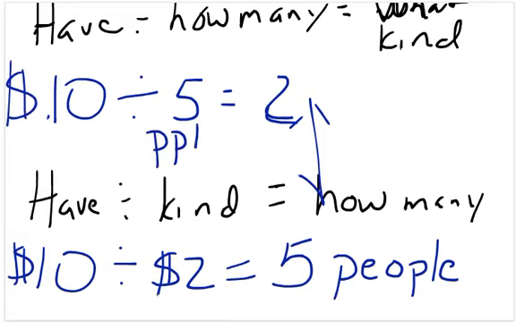Again, I have $10 in both. How many people am I splitting it between is 5, and that's going to give me the kind of group that each person's going to get, which is $2. This one, I have $10, the kind of group is $2, and how many people does that give it to is 5.